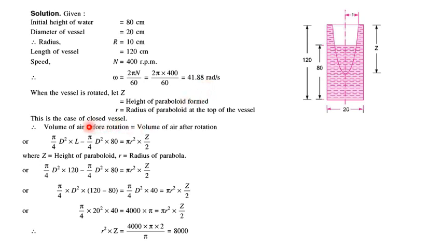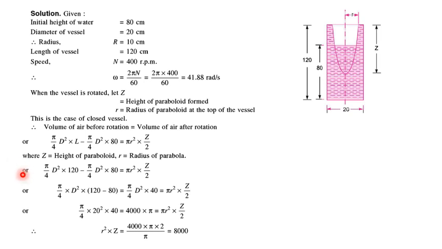And we know for a closed vessel, the volume of air before rotation is equal to volume of air after rotation. So we can develop an additional equation using this relationship, where z is the height of parabola and r is the radius of parabola.